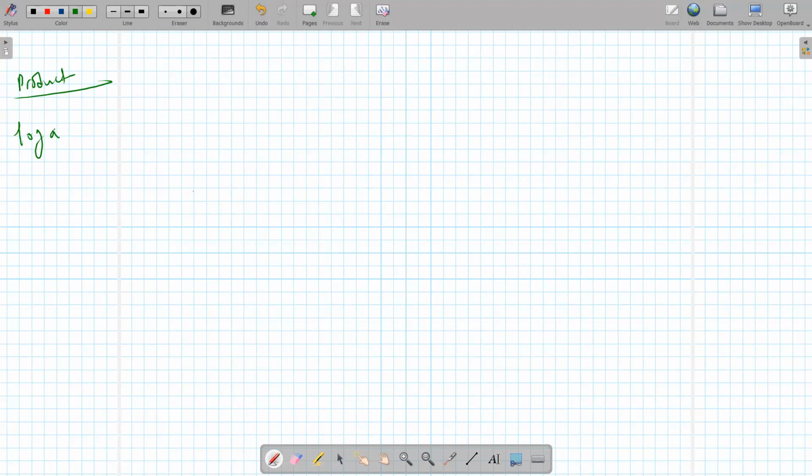By the way, if there's no base written, for example log of 2, the base is 10. If the base is 10, we don't need to write it; that's the default setting on your calculator. So let's say we have log base a of something, and we add it to log with the same base of something like C. Then we can multiply those two.